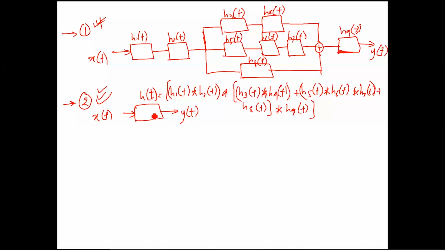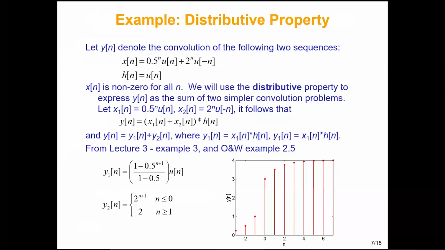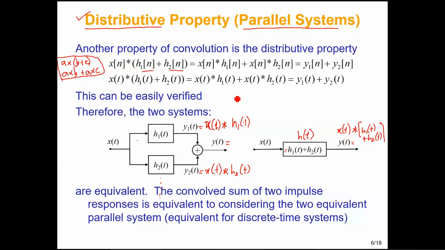Now the beauty of the single system is that it will end up saving you a lot of components, a lot of silicon space, a lot of cost, a lot of power. All those things can be saved, and we will end up getting a very simplified system which is equivalent to this. So this is the implication of those two properties that we saw, how we can simplify parallel and serial systems just by using the associative property and the distributive property.